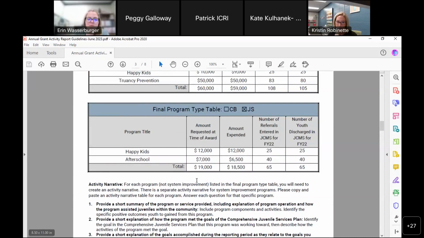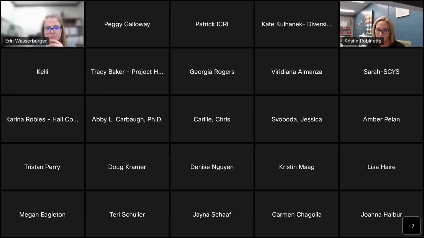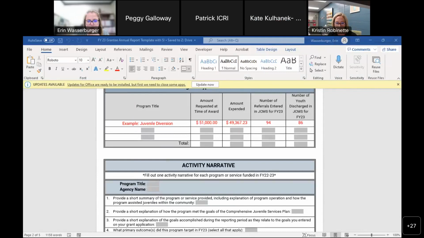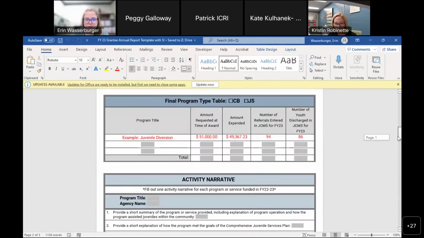You also can add rows in the tables if you need to. We only give you a handful of rows in the table to start with.